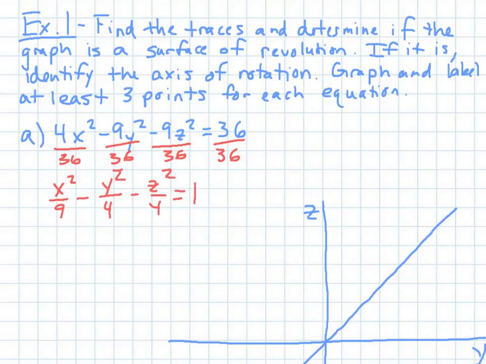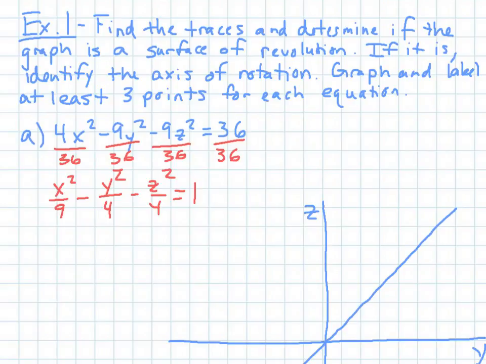Now here, looking at the equations that I was just talking about, because you have an x squared that's plus, y squared is minus, z squared is minus, this one would fit into the hyperboloid of two sheets. Okay, so it has two bowl shapes that are reflections of each other, looking in the opposite direction of one another.